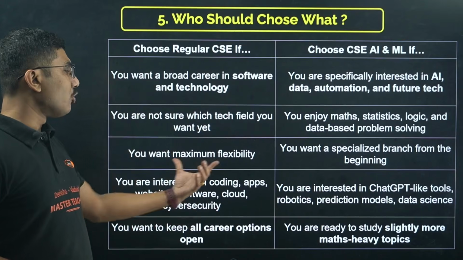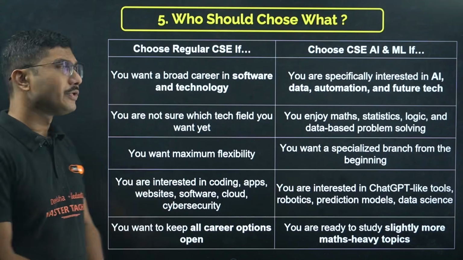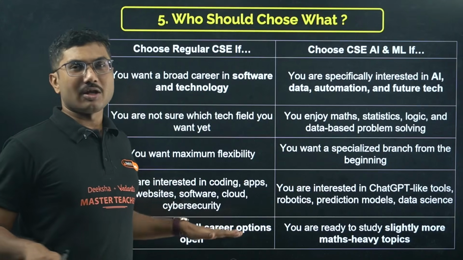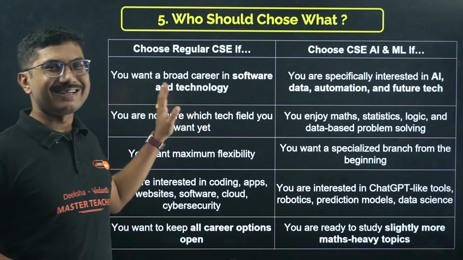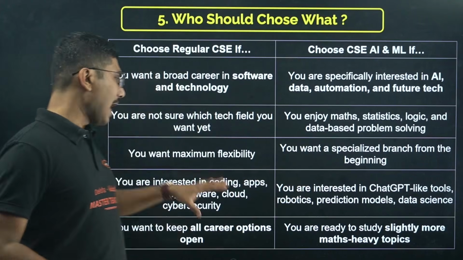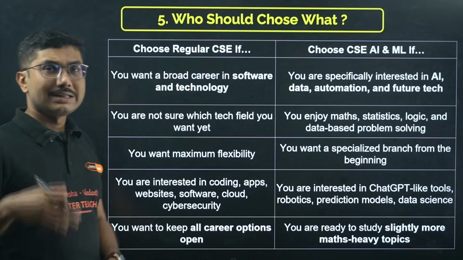You are interested in coding, apps, website, software, cloud, cybersecurity, etc., then also you should choose CSE. You want to keep all career options open, because if you are studying CSE, you can switch to AIML in future by upskilling yourself, and if you want to keep all the career options open, you should choose CSE.